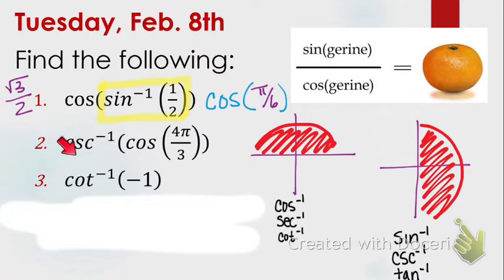Number 2, again, it's a composite. Start off by answering this question. The first question is not an inverse question, so we're not restricted to a certain domain or a certain quadrant. It's find 4 pi over 3 and tell me the cosine of that angle. So find 4 pi over 3 on your unit circle.